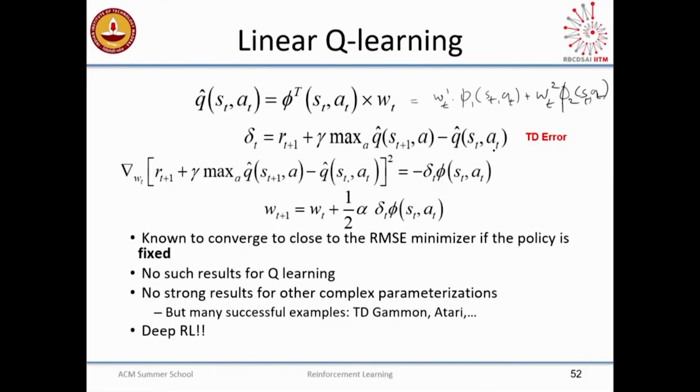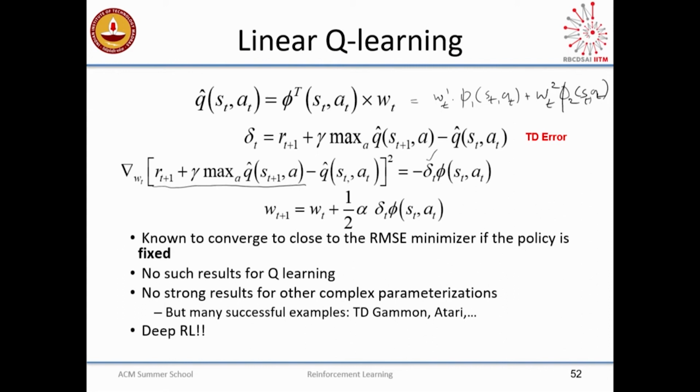So now you take the TD error, which is this expression, and try to find the gradient of the square of the TD error, and what will that be? I am only looking at q hat. This I am taking as the target, so I will not touch the target, I will leave it as it is. First thing would be 2 times this, so I will get my delta t back, and I will take the gradient of q hat, which is phi transpose w_t, so I will end up getting just phi.